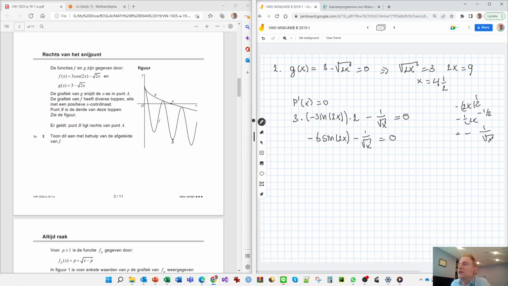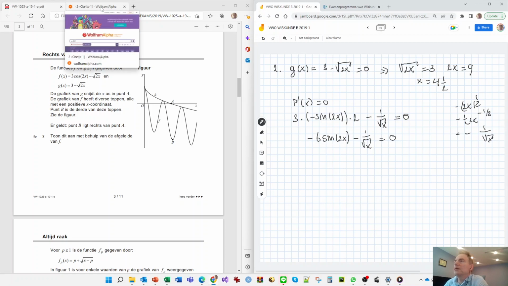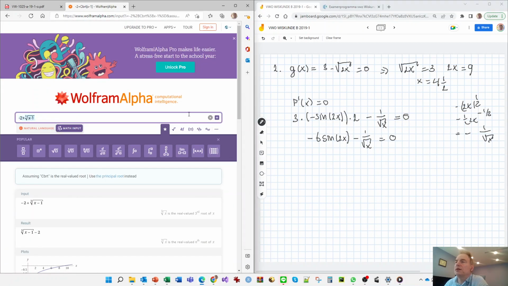But there's no need for that. There's no need for any exact calculation, so I just put it in the graphic calculator, or I'm using Wolfram Alpha, and you just define this function and find what the intersections are with the x-axis.